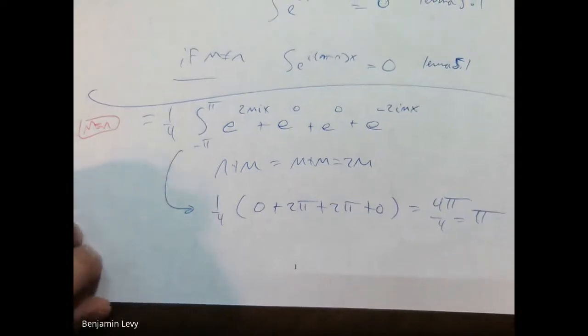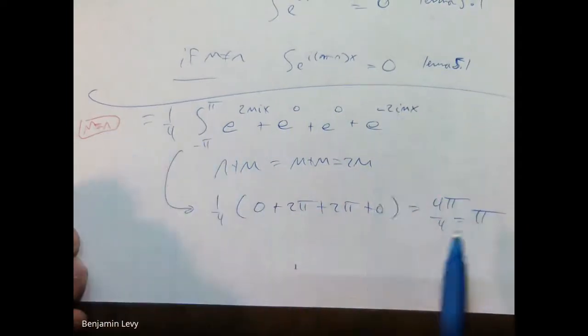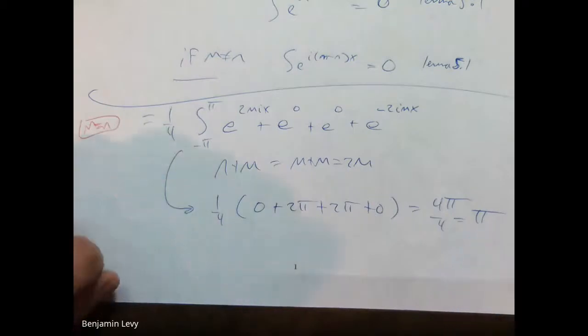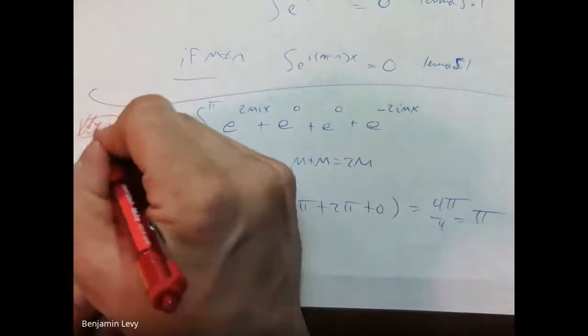So if m equals n, that integral ends up being pi, which is what we were trying to show. I know this is kind of hard to see. This says m equals n.